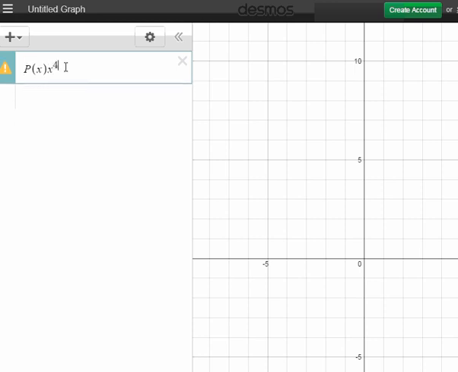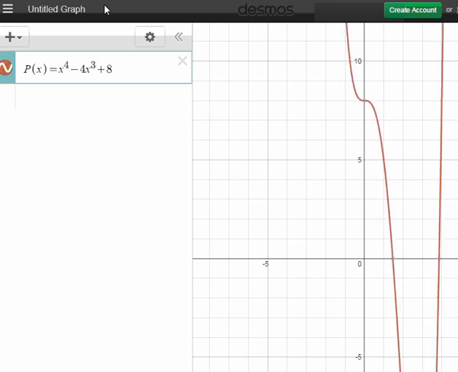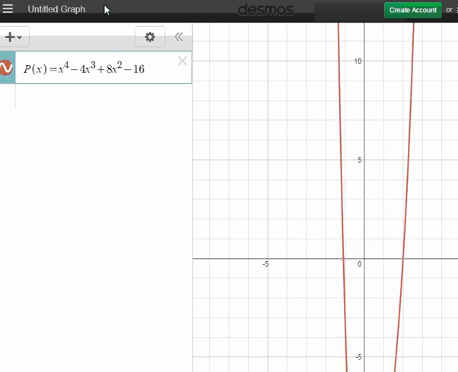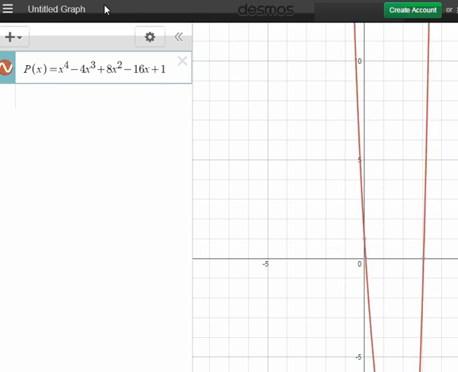And we have x to the 4th minus 4x cubed plus 8x squared minus 16x plus 16.